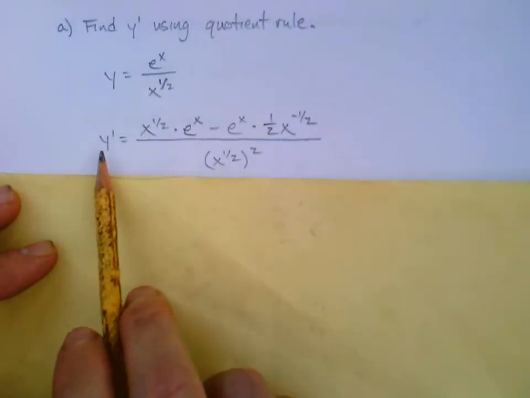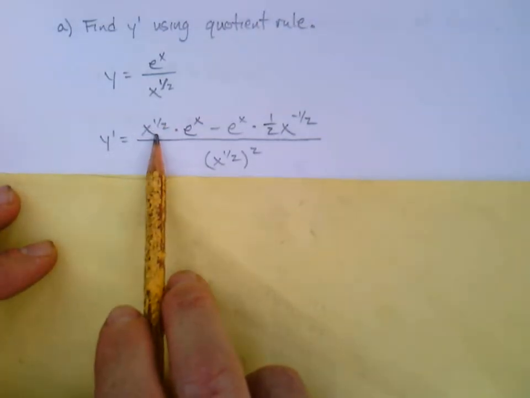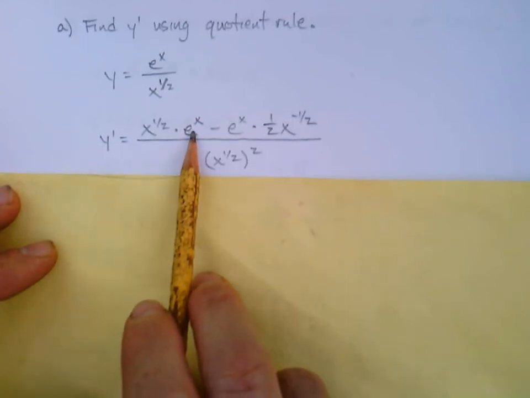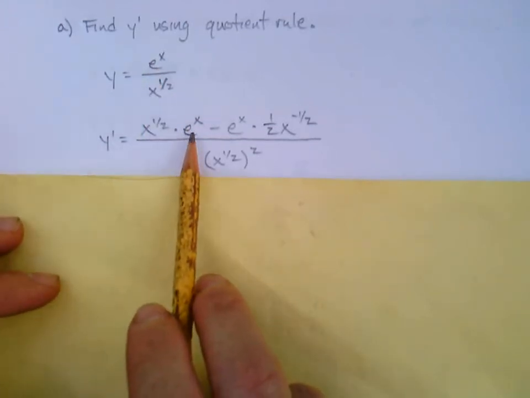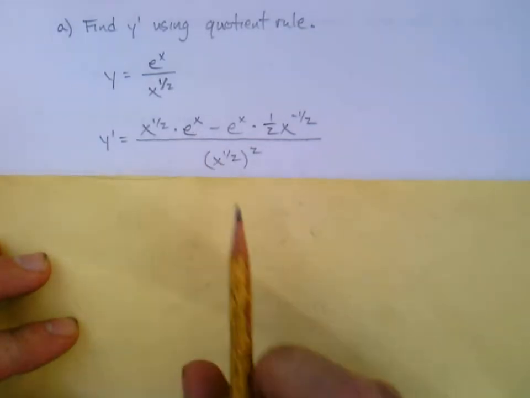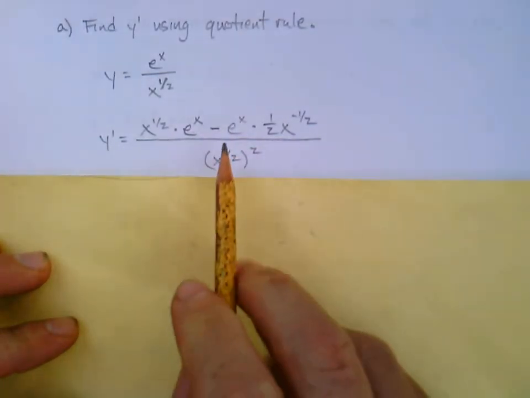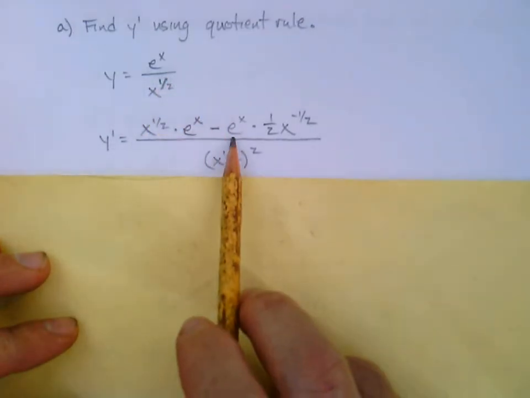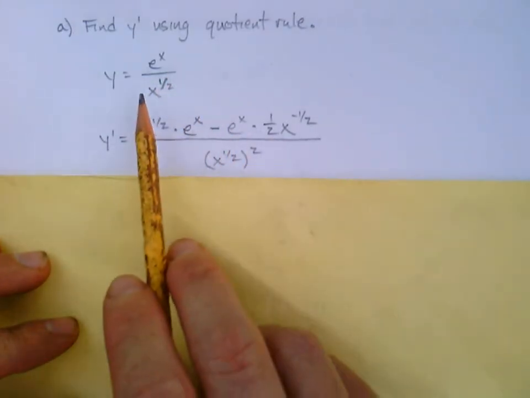We've got y prime equals low, just copied, times d high, the derivative of e to the x. Well, we know that is itself, so we got low d high, minus the high, now that's the original high, times d low, derivative of low.